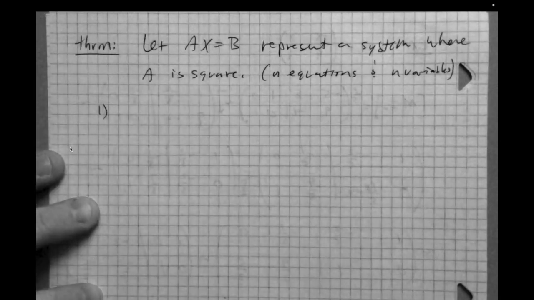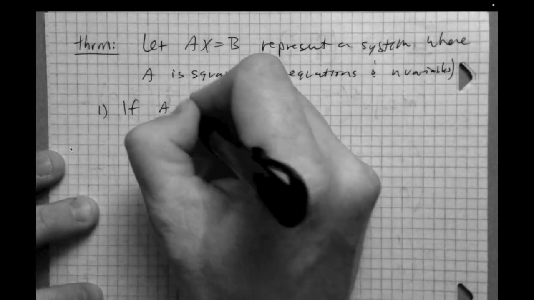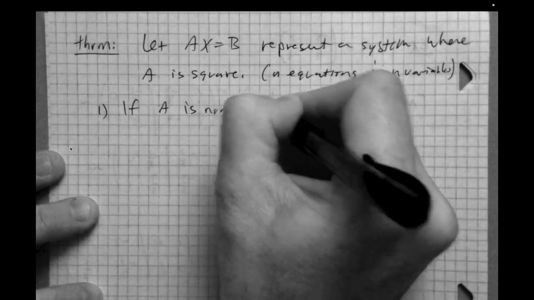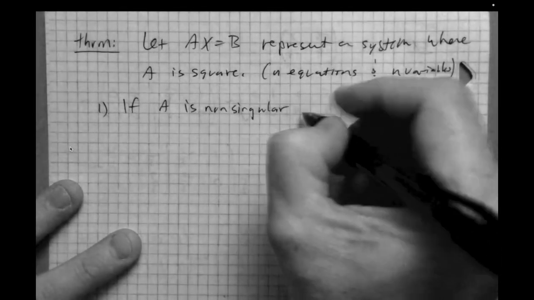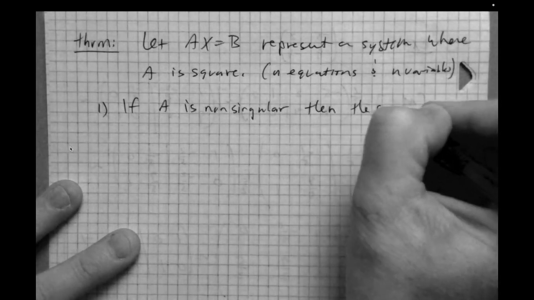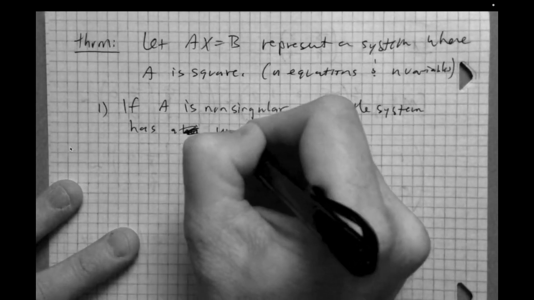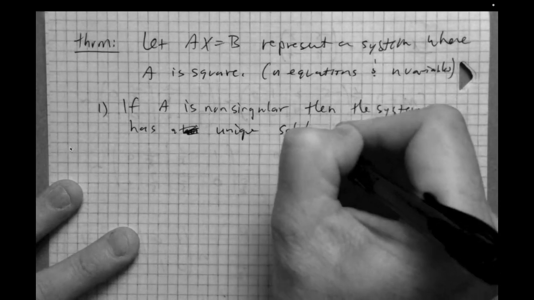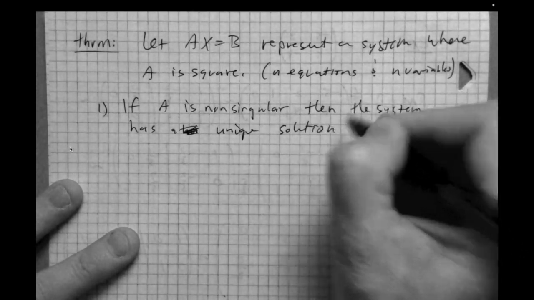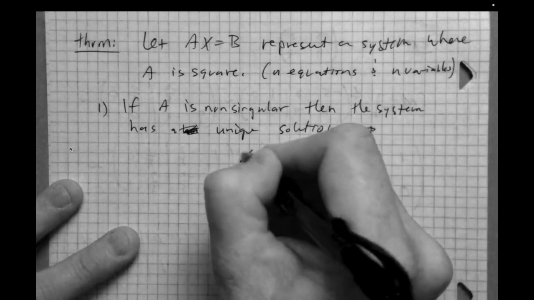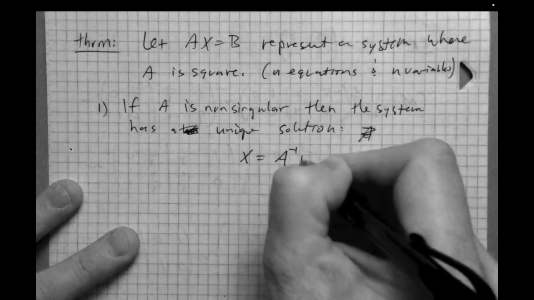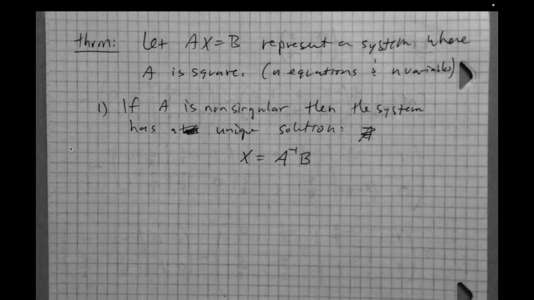Then two things. One, if A is a non-singular matrix, then the system has a unique solution, and that solution is X equals A inverse times B. That's remarkable, because this is basically saying that to solve the system, you can use the inverse.